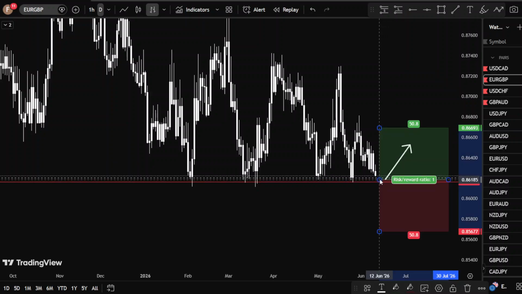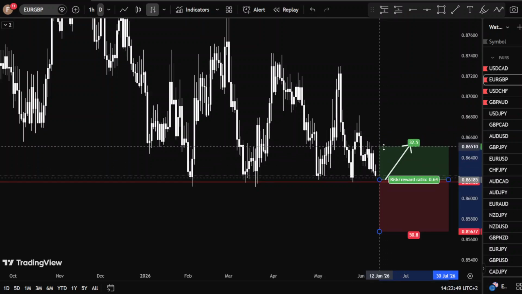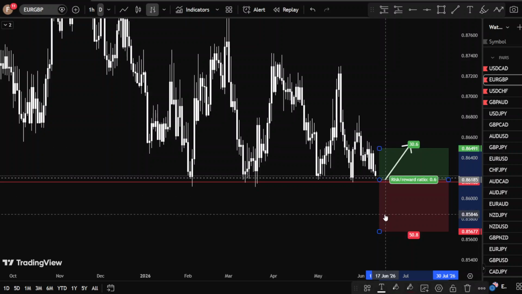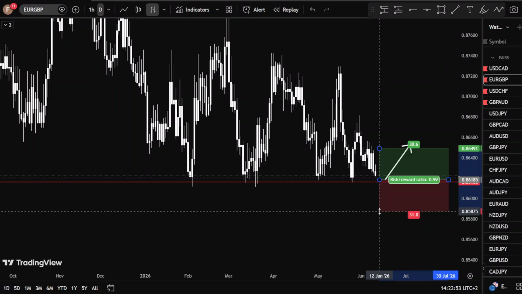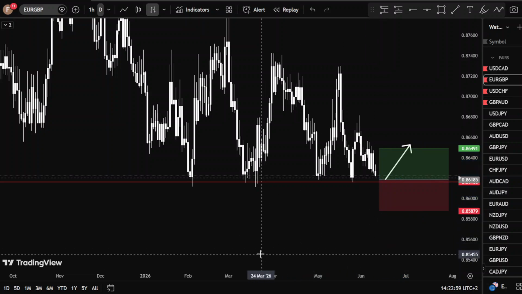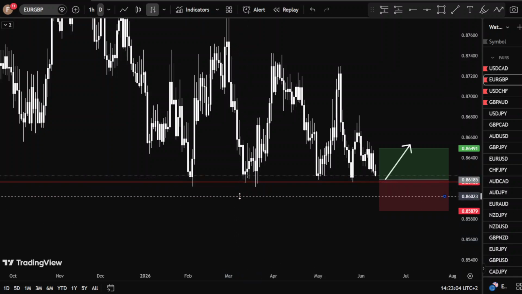Let's say it's around here for a 1-to-1 risk. Something like that. And maybe you will place an alert here. After you take the trade, maybe you will place an alert here.